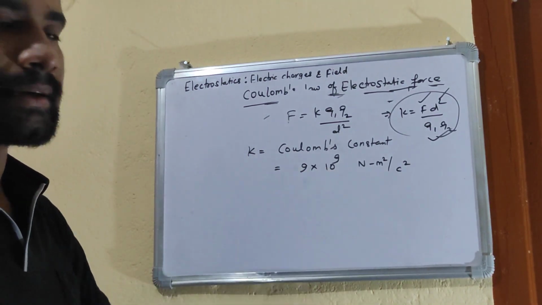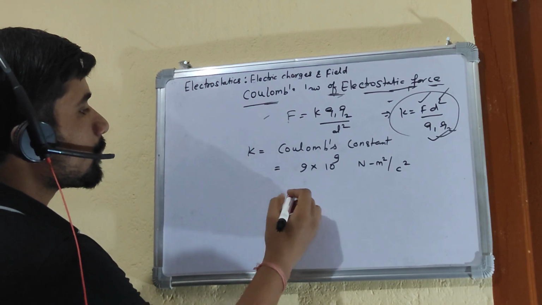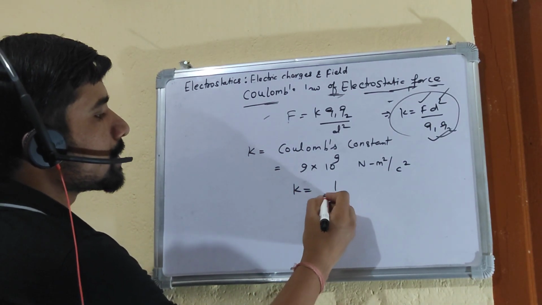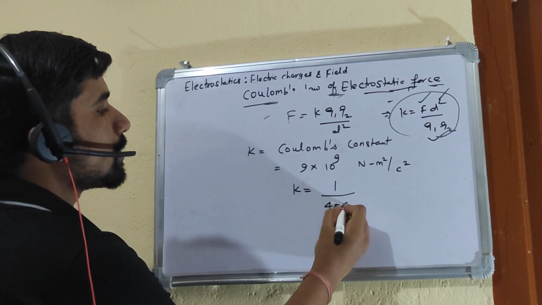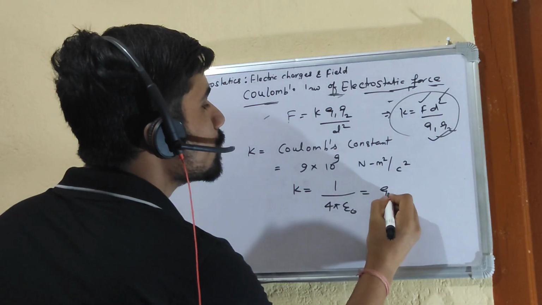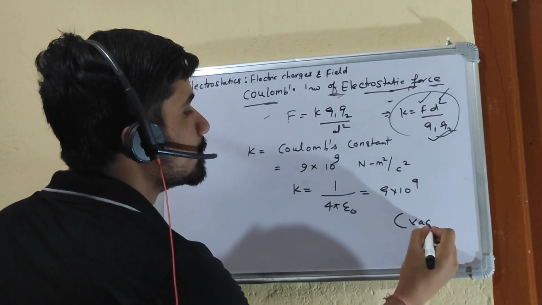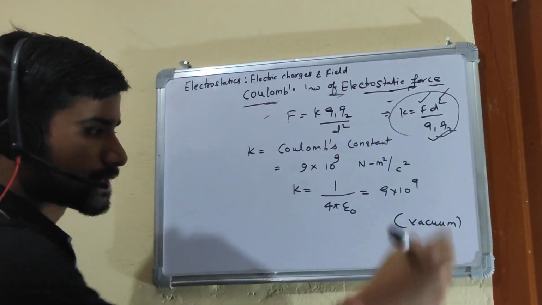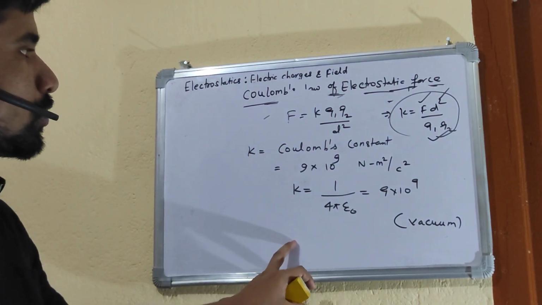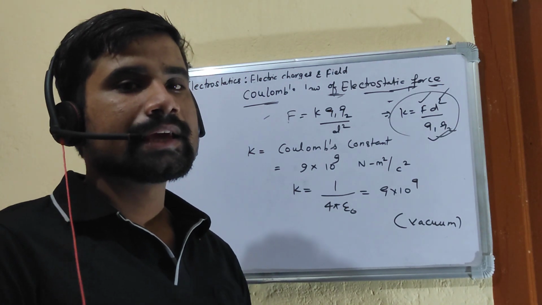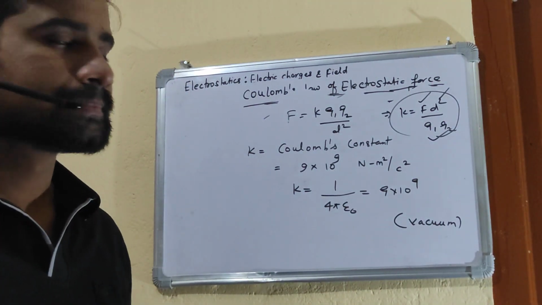What exactly is k? The value of k is given by the expression 1 by 4 pi epsilon naught, which works out to 9 into 10 to the power 9 for vacuum. Now there is a twist here: k depends on the medium.